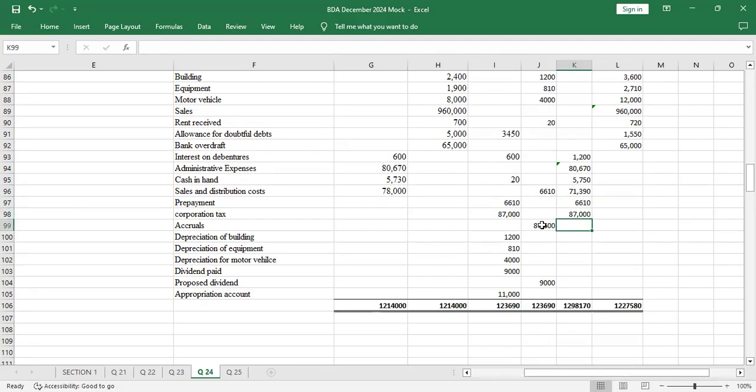Then we'll have accruals on the credit side. Then depreciation. Sorry, let me not go there. So depreciation will be all on the debit.